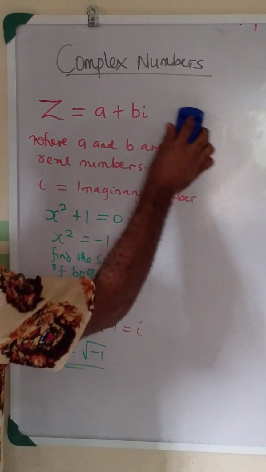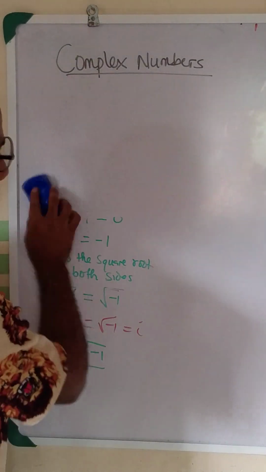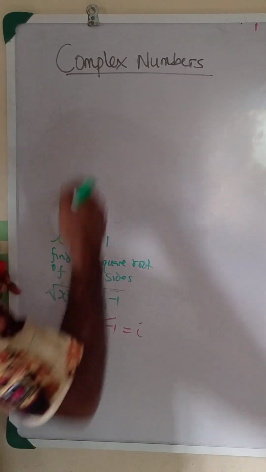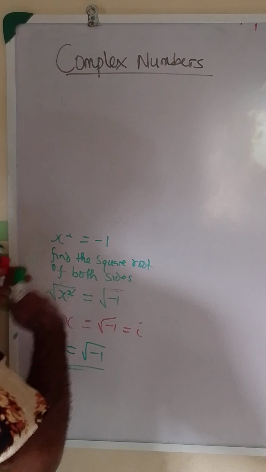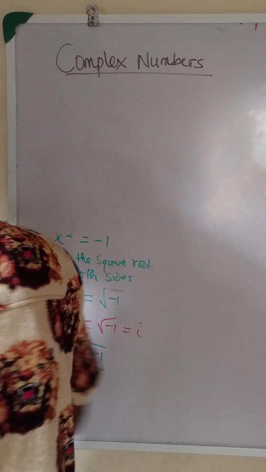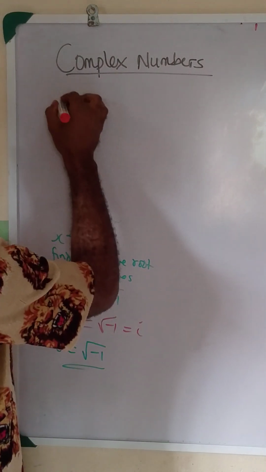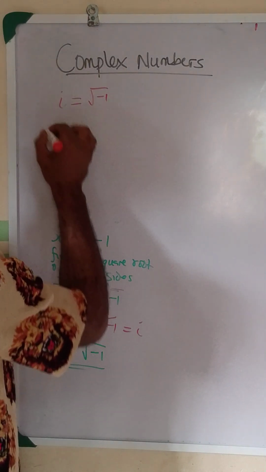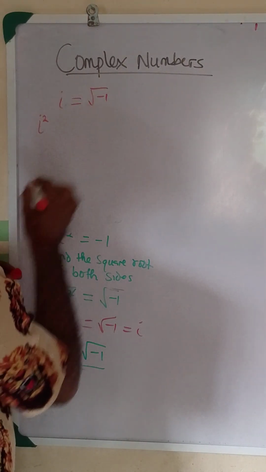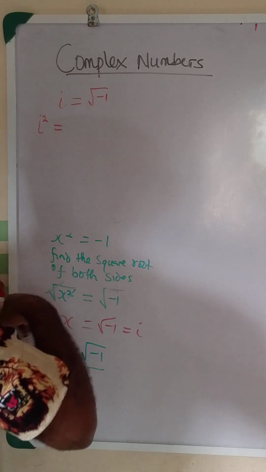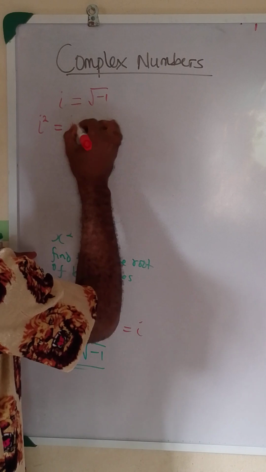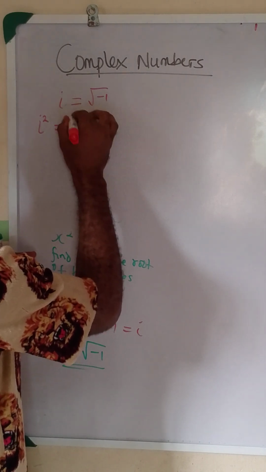For instance, if I say that i equal to the square root of minus 1, and then I want to find the value of i squared.